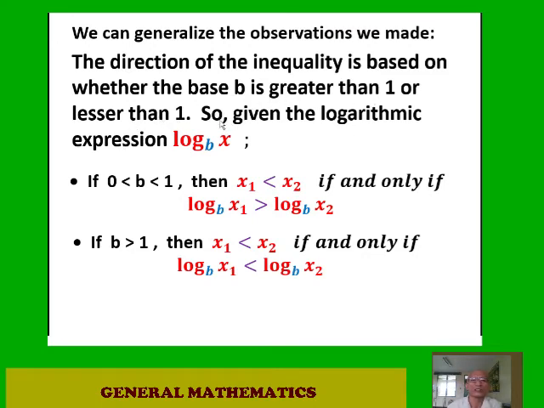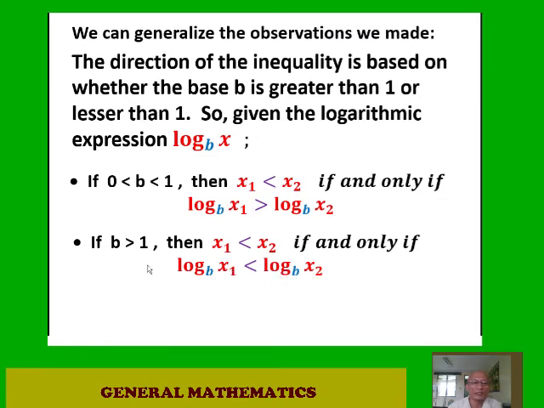The direction of the inequality is based on whether the base b is greater than 1 or less than 1. So given the logarithmic expression log x base b, we have here log x sub 1 base b greater than log x sub 2 base b. They have the same base, but the base is greater than 0 but less than 1. When we eliminate the logarithm, we will change the direction of the inequality. Greater than becomes less than, or less than becomes greater than. And another observation for the next table, log x sub 1 base b less than log x sub 2 base b.